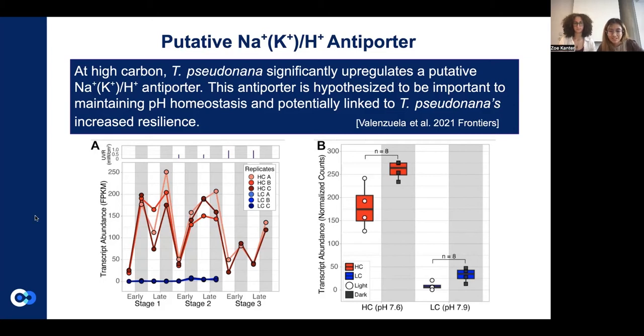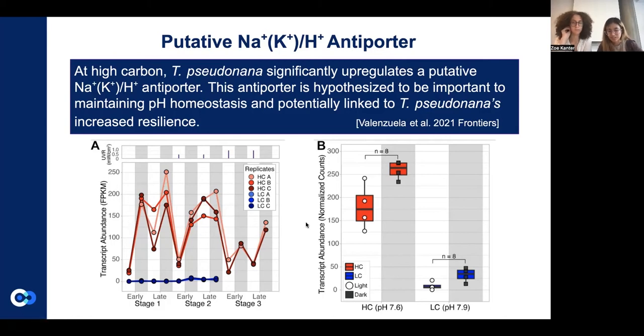If you look at graph A, you can see that in low carbon conditions, which is in dark blue, the transcript abundance of the gene is significantly lower compared to the high carbon conditions, which is in red or orange above. If you compare within high carbon conditions, in light versus dark, the gene is more expressed in dark conditions compared to light conditions.